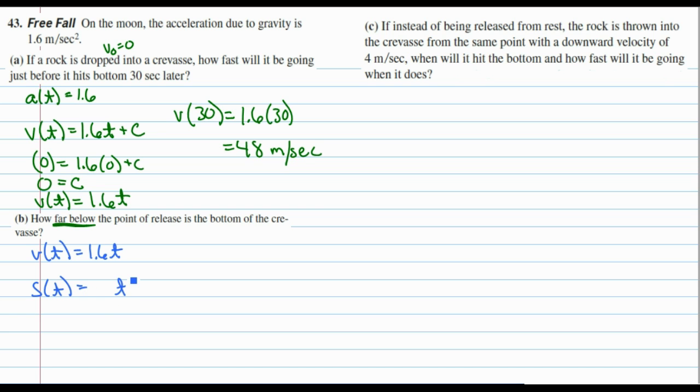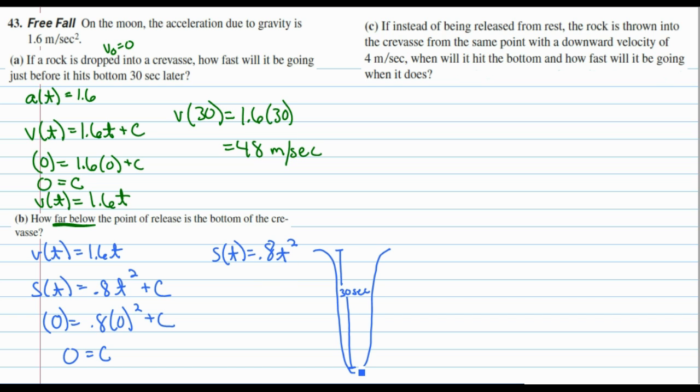So now the new exponent of t is going to be squared, so I'm going to take 1.6 and divide by 2, and I get 0.8, but don't forget about that plus c. Now this problem doesn't say that it was dropped 10 feet from the surface of the crevice or 20 feet below the surface of the crevice, so we're just going to assume that its initial position was 0. So I get that the position function is 0.8t squared.